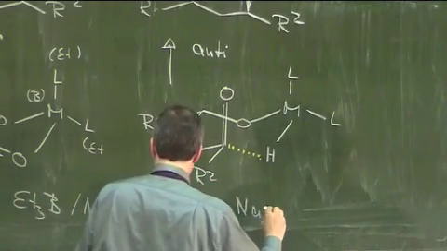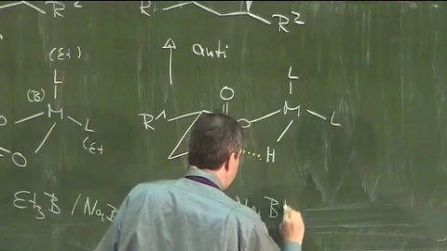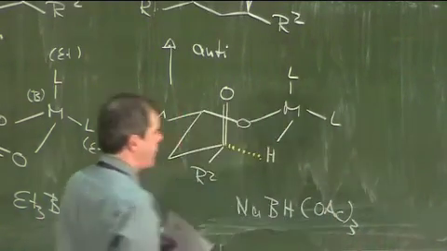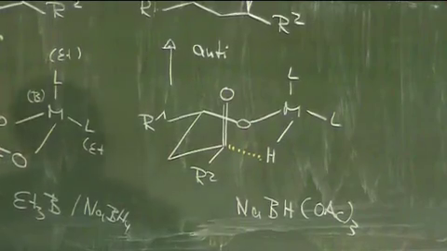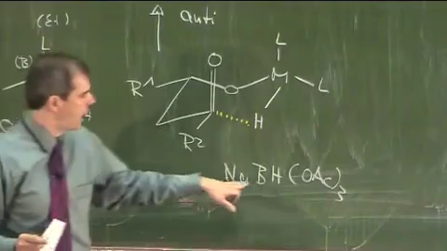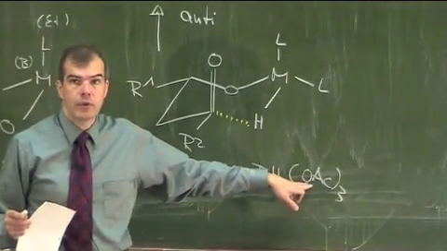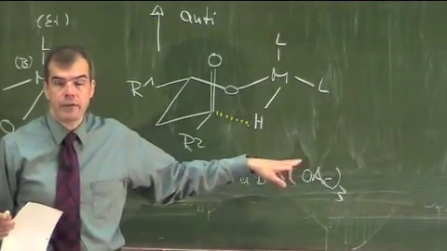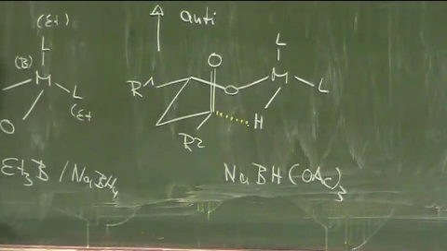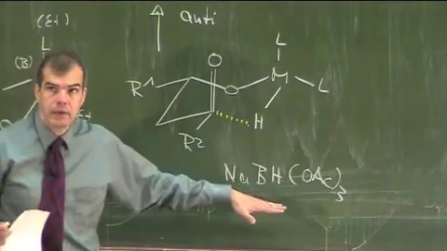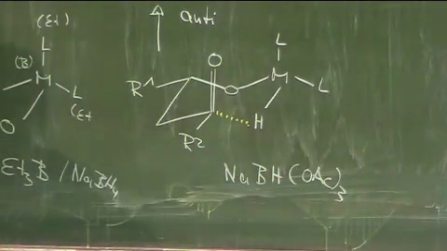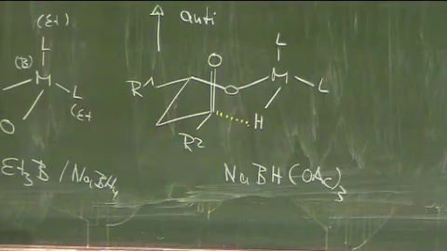And if you use sodium borohydride alone, and what is actually done is one uses a less reactive reagent than sodium borohydride. So again, in this sodium borohydride, 3 hydrides are displaced by acetoxy groups. This is an even milder reagent than sodium borohydride. We already have seen cyanoborohydride in the reductive amination.